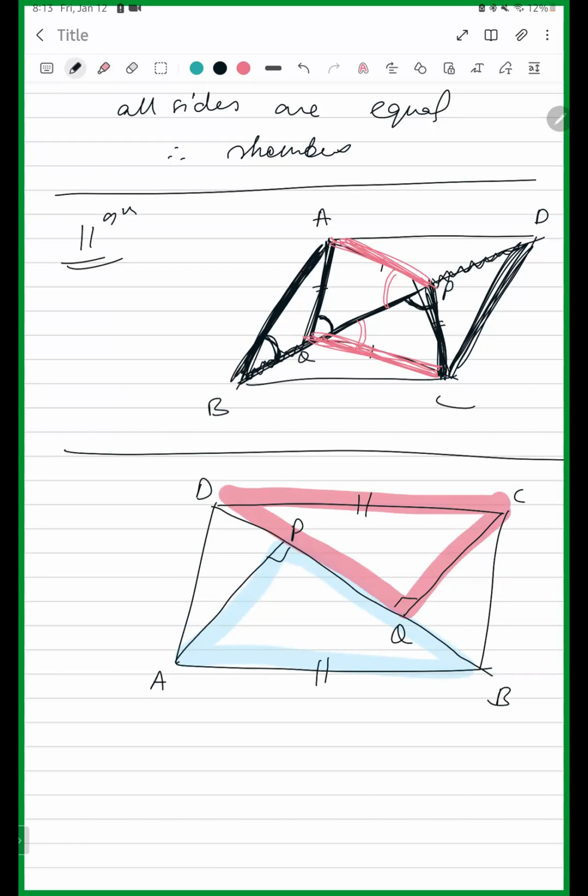And you can say this angle is equal to this, no, not this angle, sorry. These two angles are also equal because these two lines are parallel. Alternate interior angles. If you want, you can do it like this. No, that won't work. Wait a minute.